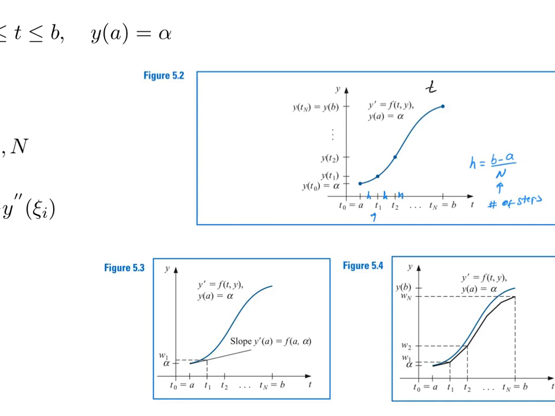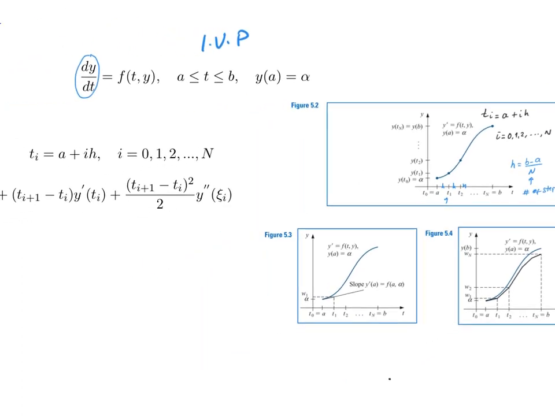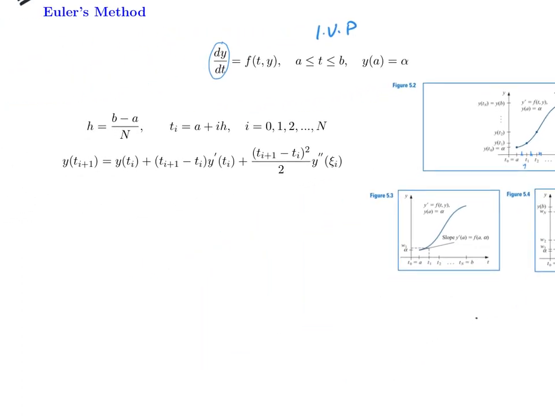So t_i will be equal to a, which is the starting point, plus i h, where i is going to be equal to 0, 1, 2, all the way to n. And this is exactly what we have right here, this part.